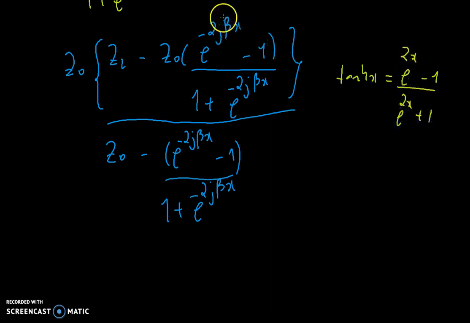So here the x is the minus j beta x. So okay, I'll finish this in the next video because I only have 1 minute left on this video. So I'll see you in the next video and we'll finish deriving this equation.